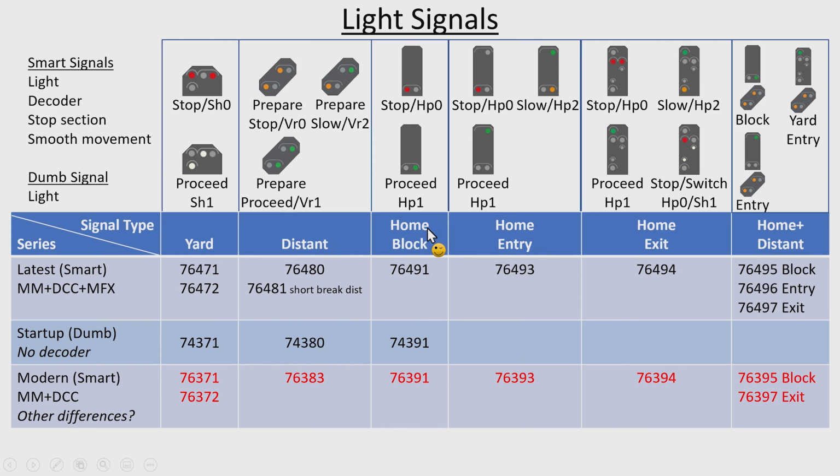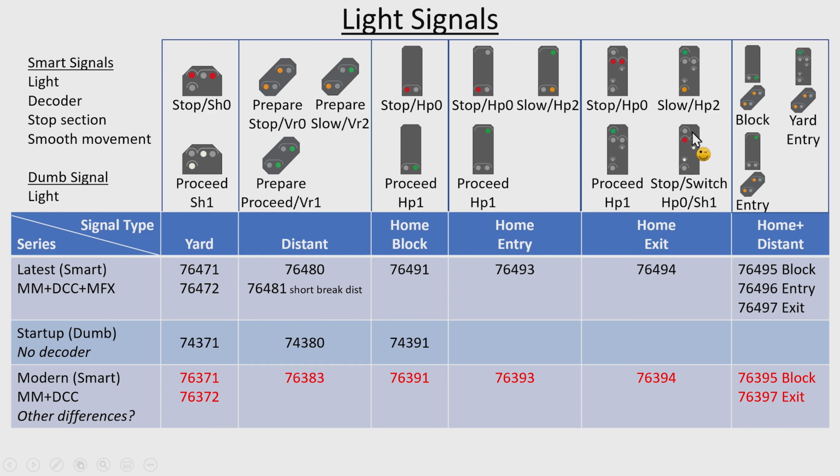So if it's the home block, then the distant signal really can only get the types prepare to stop or prepare to proceed, because the home block does not have a slow. However, the home entry can show stop, proceed, and slow. So in that case, the distant signal will also be able to signal prepare to slow.